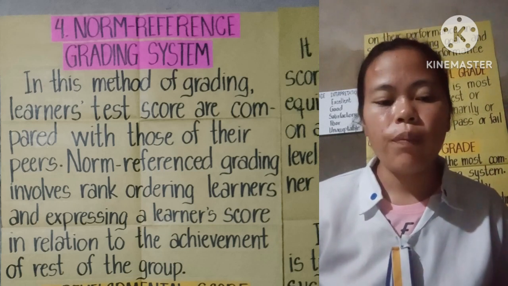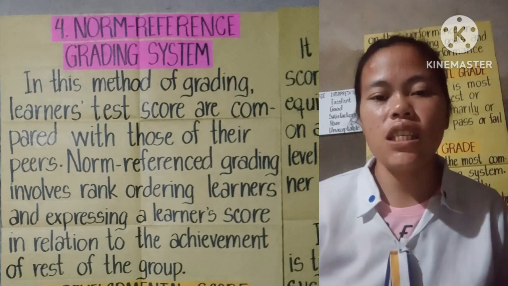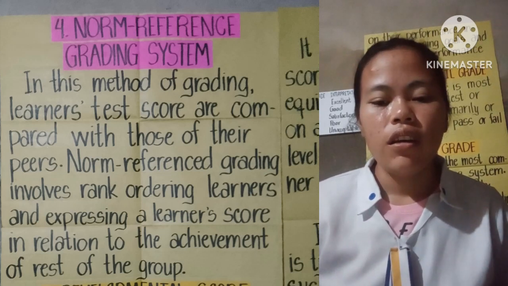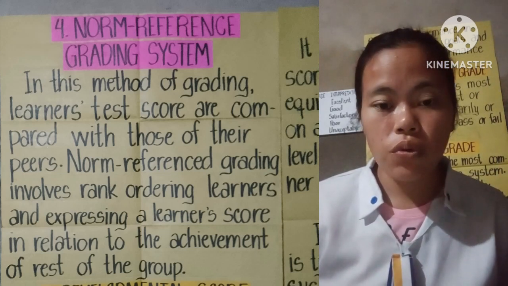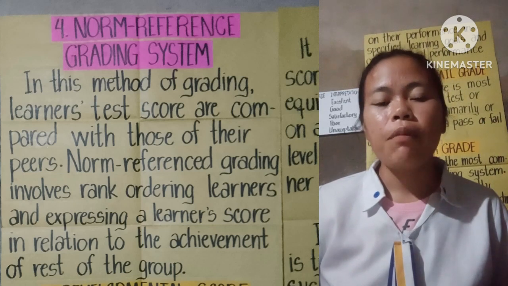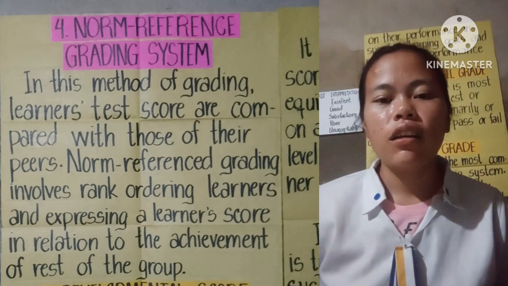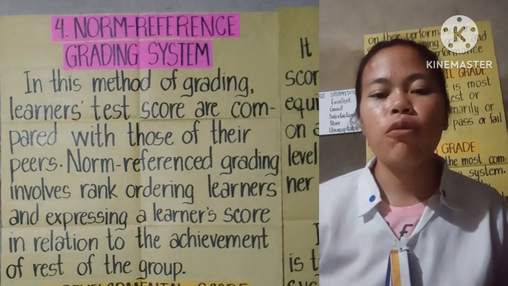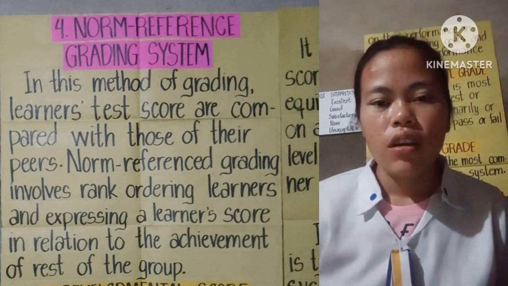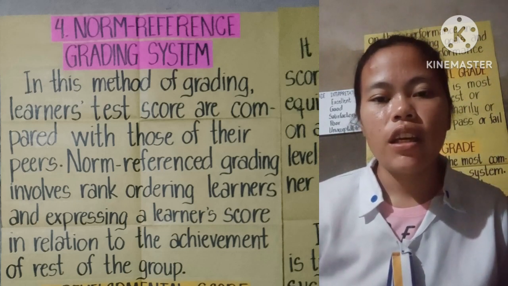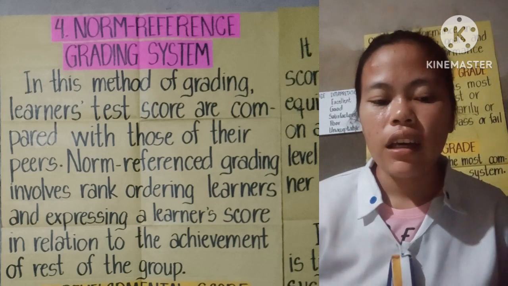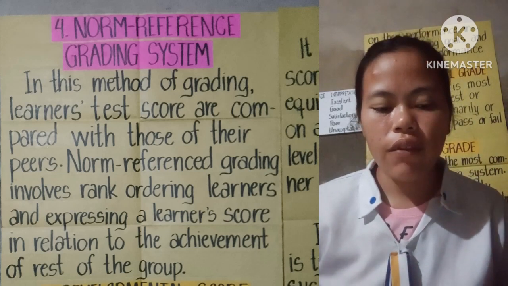So, ano ko nang giingon, no? Ang norm reference grading system is to compare your test scores to sa imong mga kauban, mga laing estudyante sad nga nasa usa ka normative group. So for example, age level ba nimo, class ba nimo, or year level.